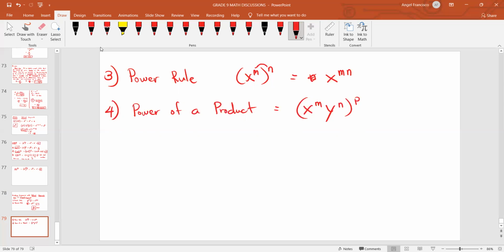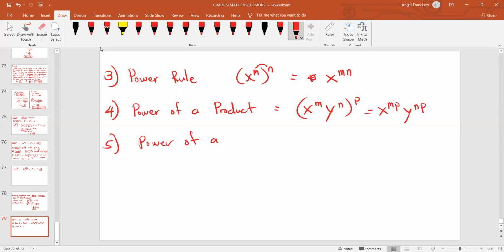You can use the power rule in this. So the answer would be x to the mp power. So you multiply, and then y to the np power. Okay? So you just multiply the exponent outside the parenthesis to the exponent inside the parenthesis.